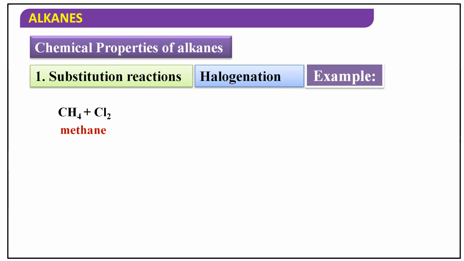So this is an example, like methane, a basic example. The first member of alkane family, methane, plus Cl2, right? H nu means sunlight is there, which is nothing but the diffused sunlight.